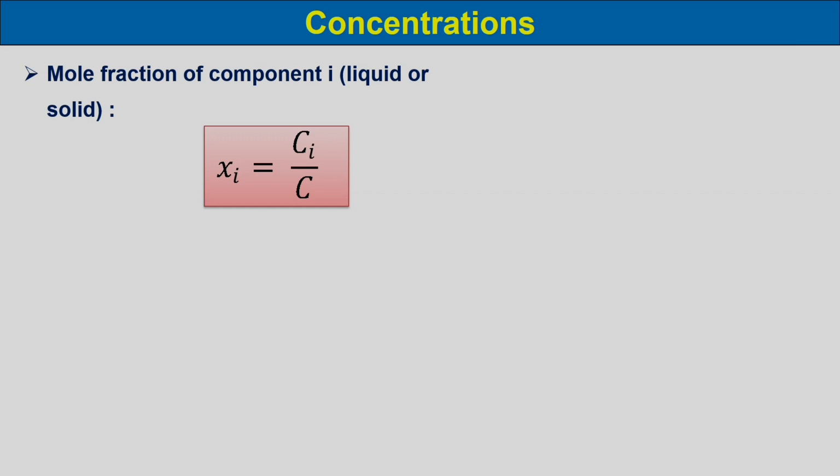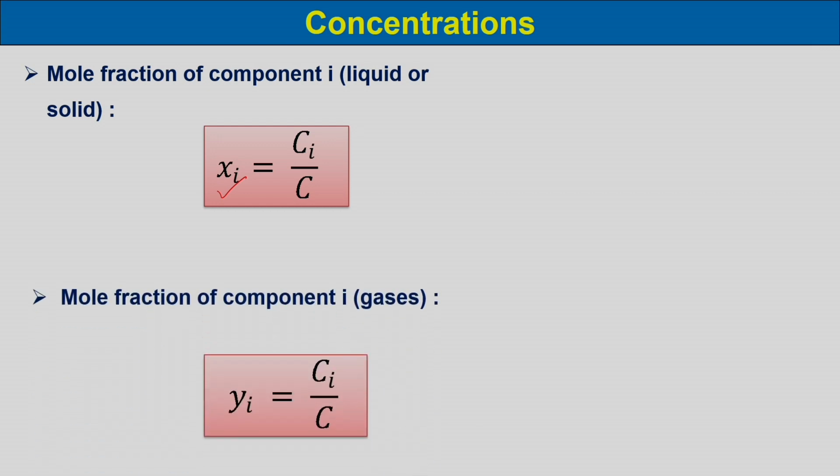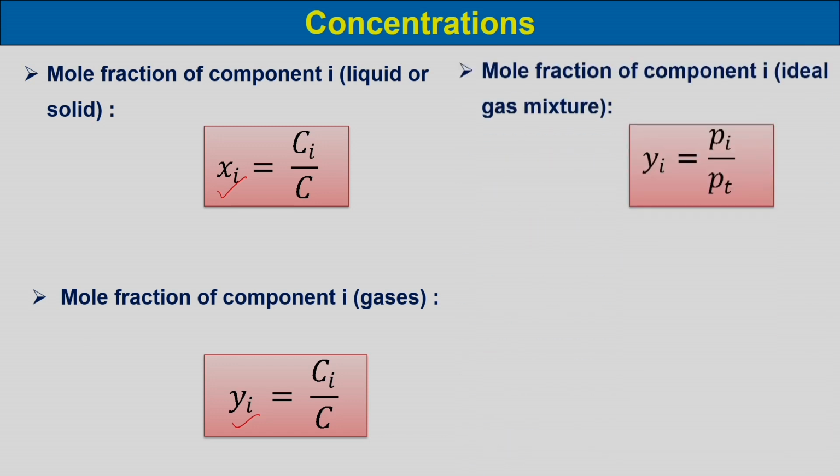The mole fraction of a component i in the liquid phase or solid phase can be calculated as x i, which is equal to C i by C, and the mole fraction of component i for gases is defined by y i, which is equal to C i by C, the concentration in the gas phase for a particular component divided by the total concentration.